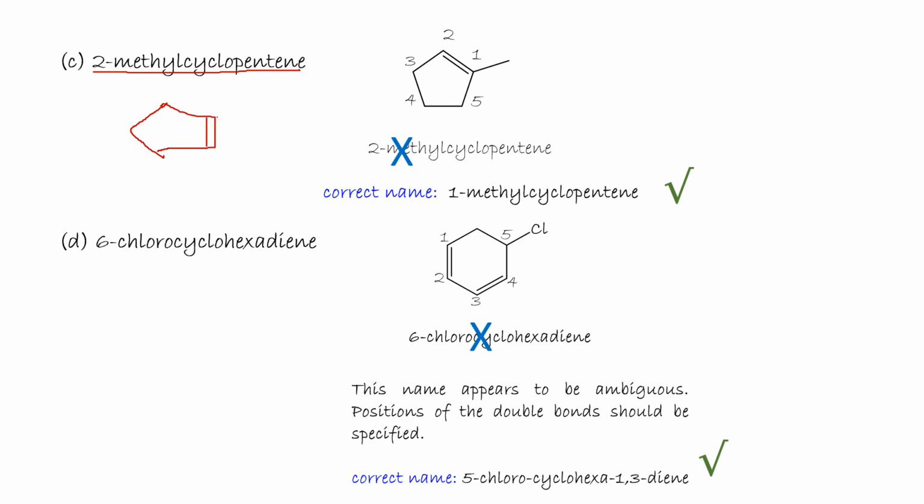So we number system 1, 2, 3, 4, 5, and on number 2 write the methyl. That's according to the name given, right? But when we look, the right way to number the carbon carrying the branch should be number 1. So it's 1-methyl cyclopentene.